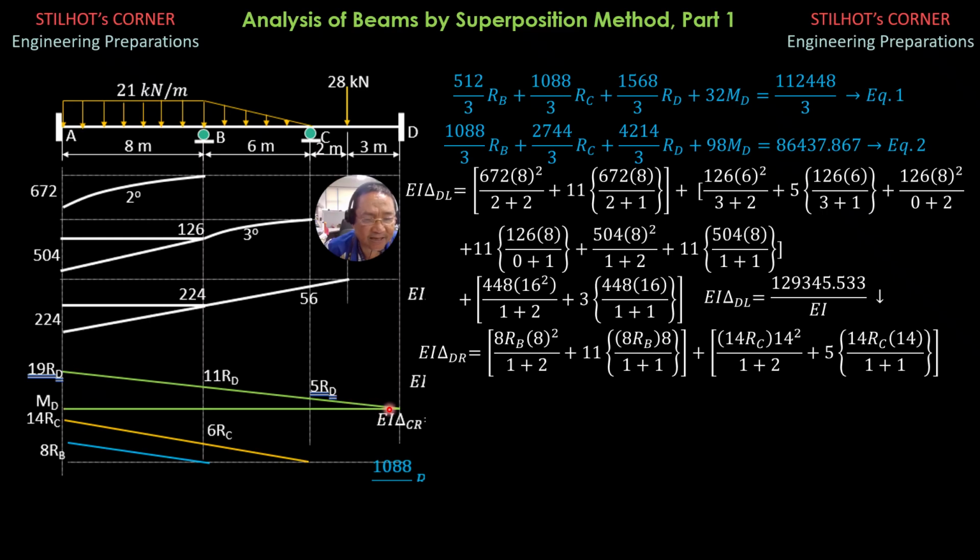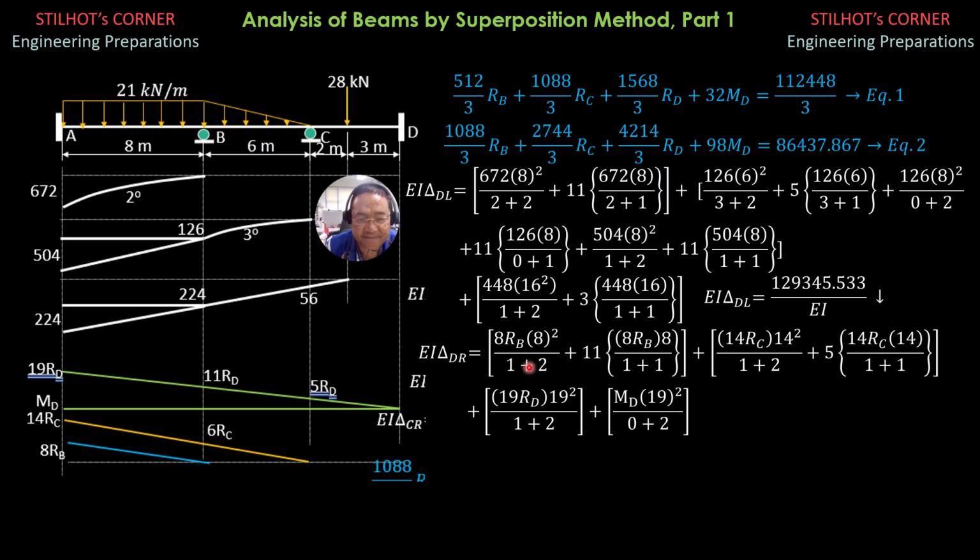So quantity 19 RD, 19 square over 1 plus 2. Then due to moment MD, 19 square over 0 degree plus 1, plus 2, 0 degree plus 2. This is due to deflection at D due to the couple MD.